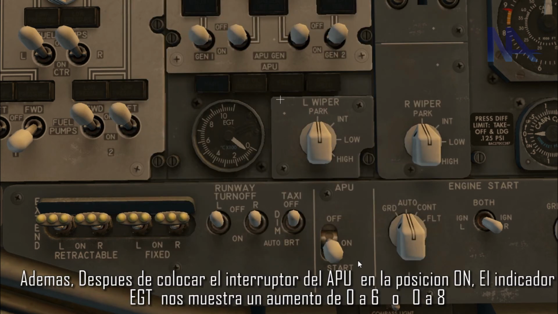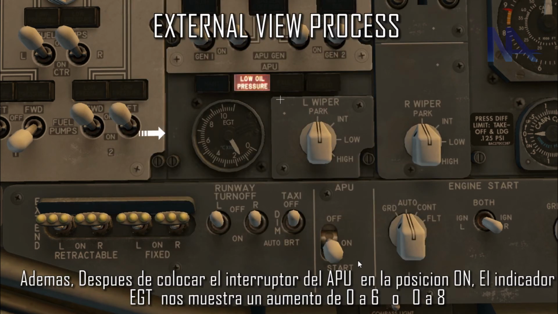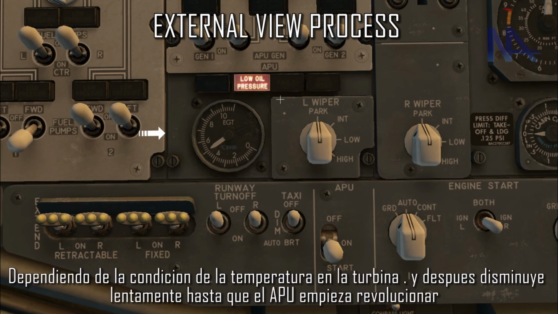In addition, after putting the APU switch to the on position, the EGT indicator shows a rise from 0 to 6 or 0 to 8 depending on the temperature conditions in the turbine, and then decreases slowly until the APU starts running.